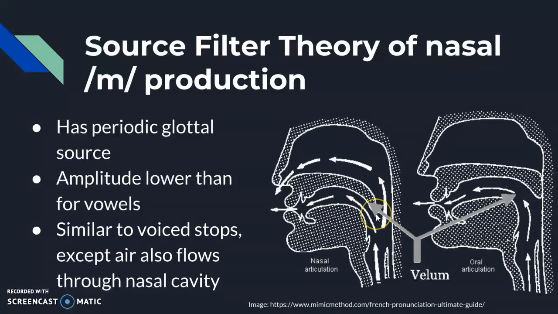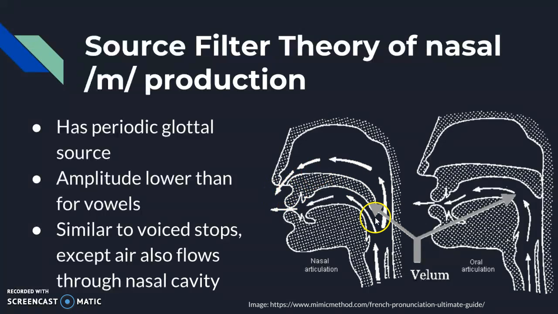The velopharyngeal valve is open, so now air is allowed to pass both through the nasal cavity and through the oral cavity. But in the M, we have the bilabial lip movement, kind of stopping the majority of that sound, and so the majority of the sound passes through the nasal cavity.